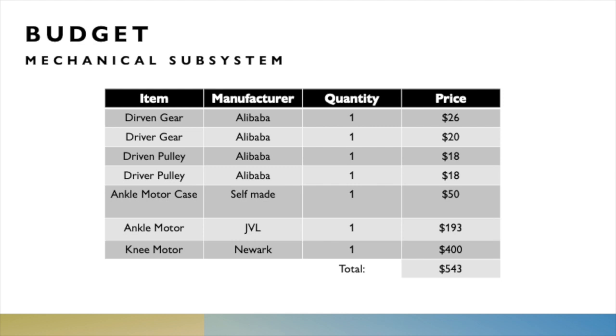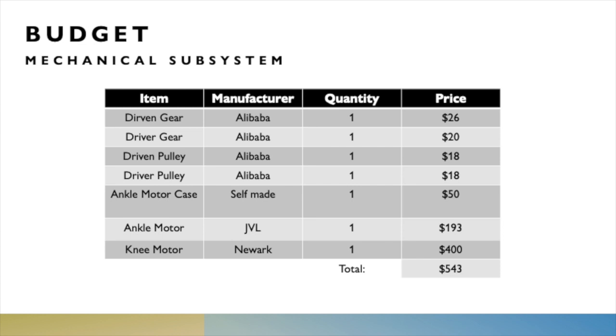Next, our budget for the mechanical subsystem. We have a driver gear that costs around $26, a driver gear that costs $20, a driven pulley that costs $18, and a driver pulley that costs $18. All of them are bought and are manufactured by Alibaba.